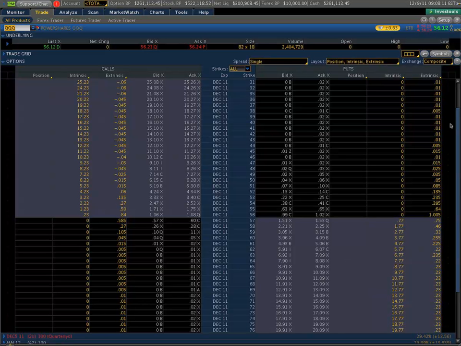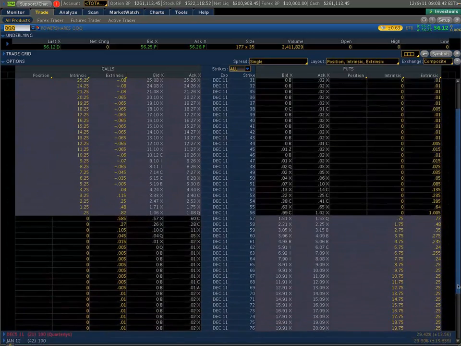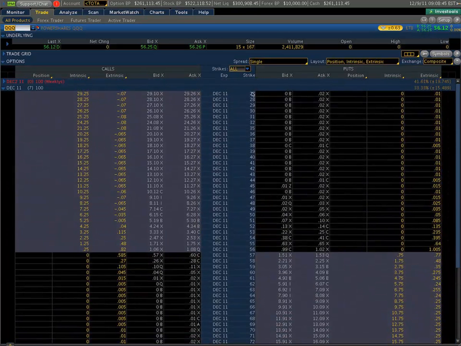On the screen in front of you, there's what's called an option chain. That means there are various different options available for one particular instrument. In this case, it's the PowerShares QQQs, which is an ETF.